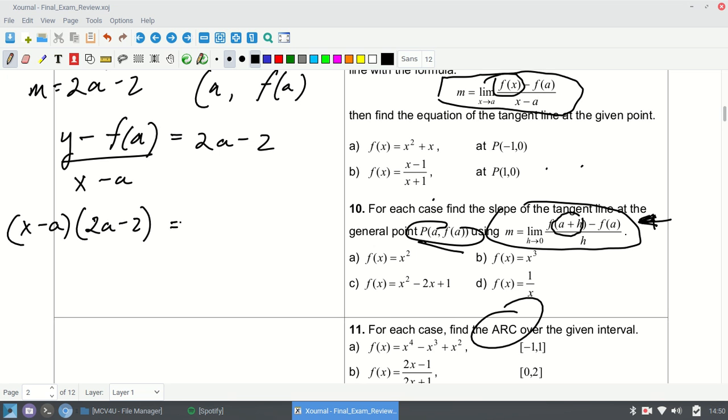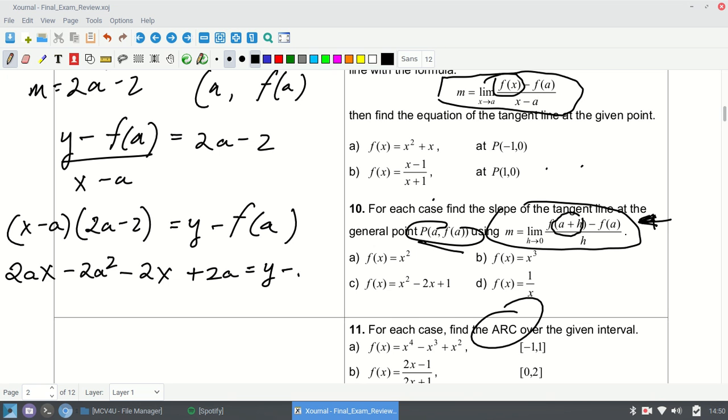That requires a bit of FOIL. I end up getting 2ax minus 2a squared minus 2x plus 2a equals y minus f of a.